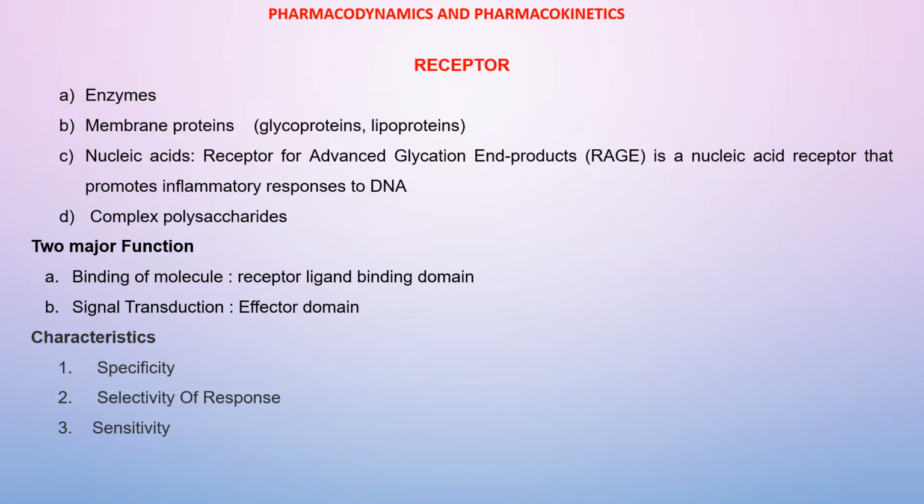Hence, a receptor has two domains, the receptor ligand binding domain and the effector domain. The characteristics of the receptor that make it effective are its specificity, selectivity of response, and sensitivity.